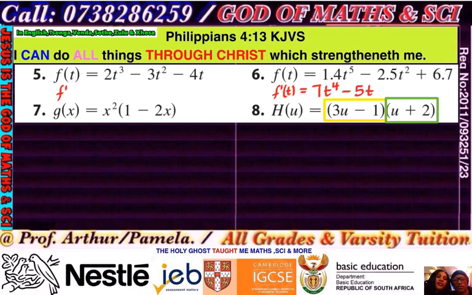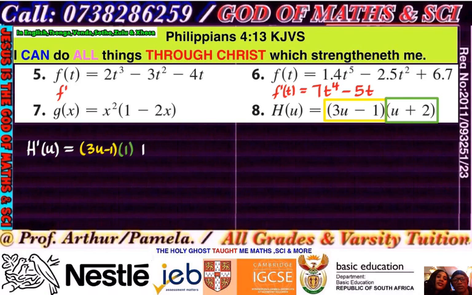So we're using the product rule. It's not even a power. So I've got h prime of u. We're deriving with respect to u. Stop the first. That's what you like to do, you guys. 3u minus 1. Derive the second one. It's just going to be 1.